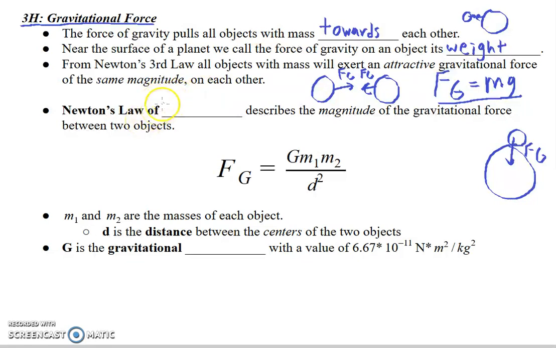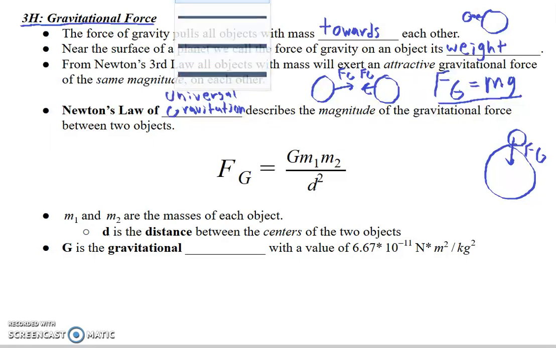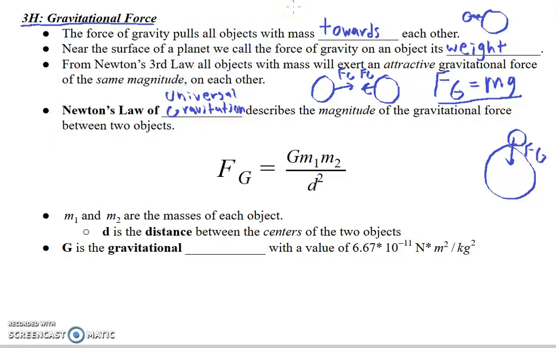It's called Newton's law of universal gravitation. That law is going to describe how big that force of gravity is.